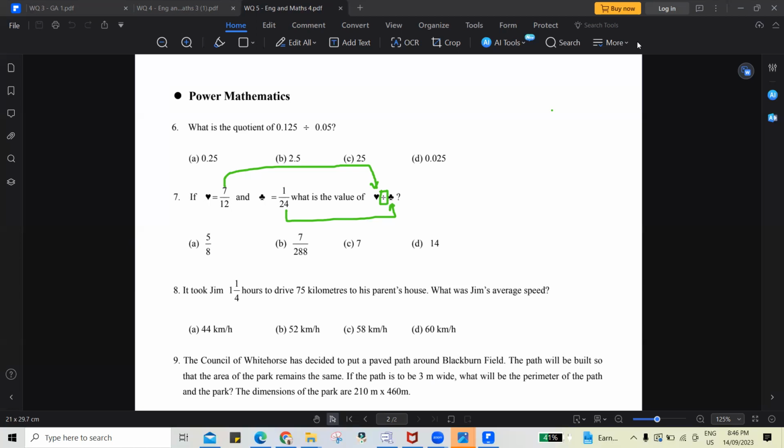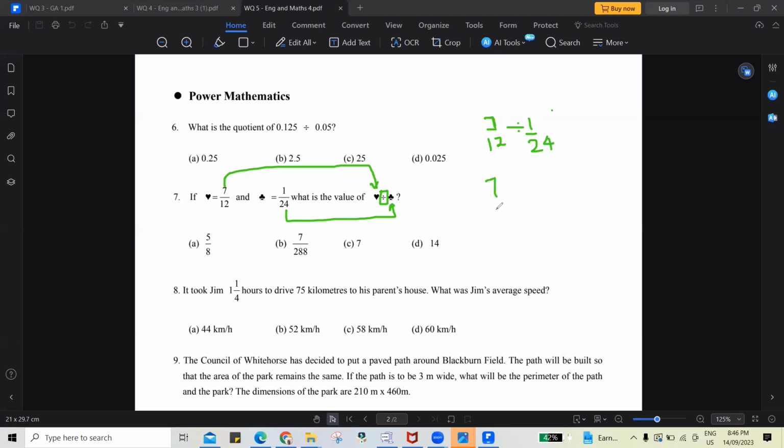Yeah. No, I can't find it. See, well, that's very easy.